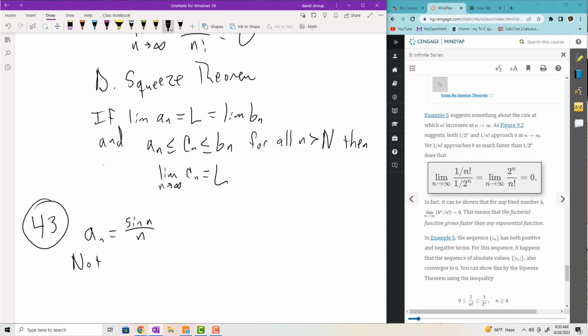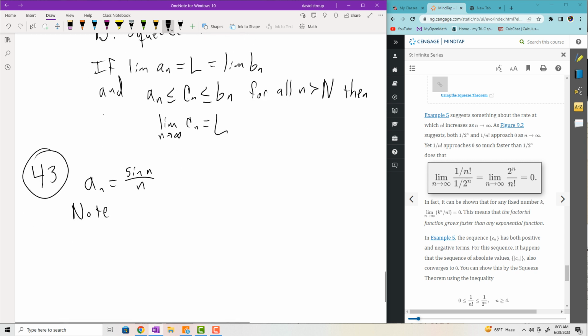And so we notice that the sine of n, just from what we know about these cosine and sine functions, is always going to be between -1 and 1. And then if n is not 0, we can divide all of this by n and assume n is positive. So you would get this inequality.